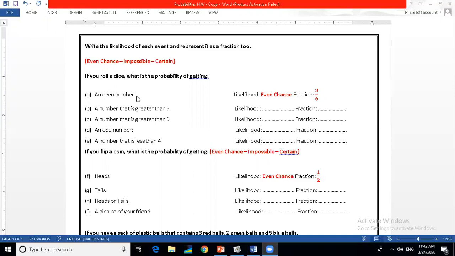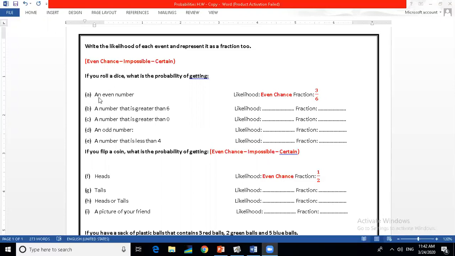To do the fraction, you need to find first how many options you have in all. How many options do we have here? We have 6 options, because when you roll a dice, you're going to get one of the 6 numbers: 1, 2, 3, 4, 5, or 6. But A says an even number.